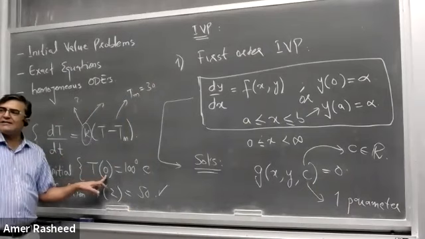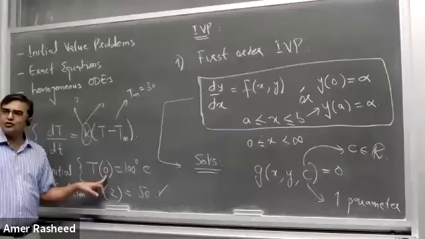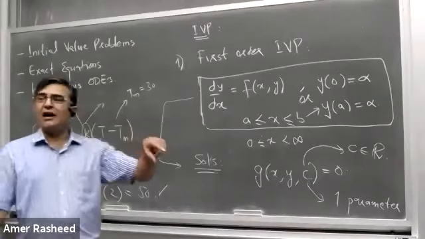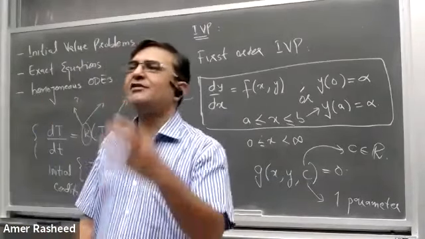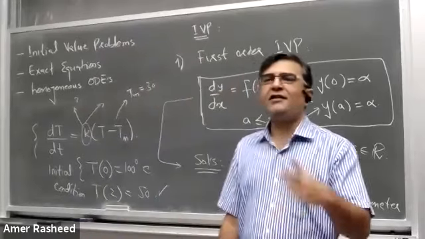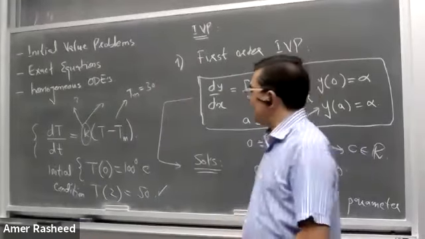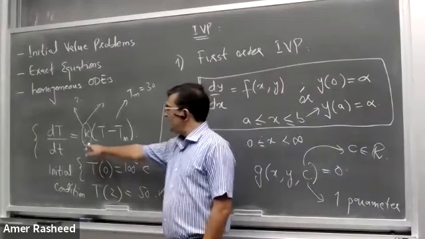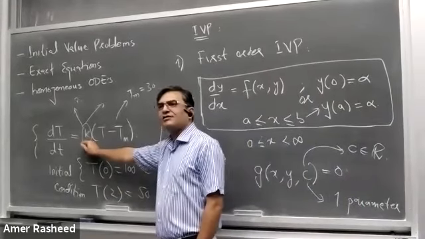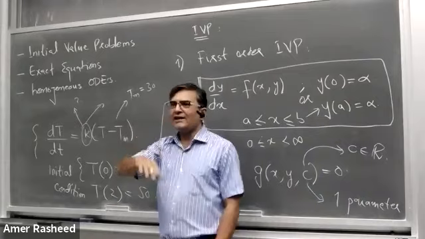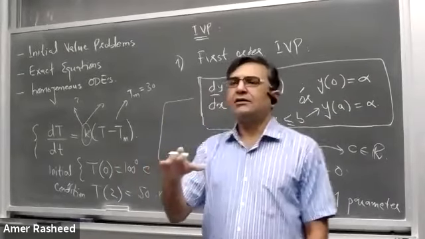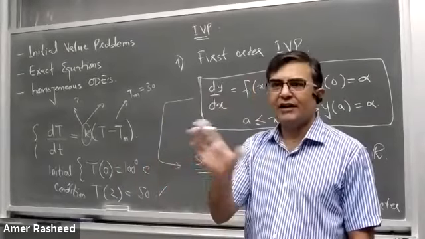Now, obviously, this is the initial condition which we use in order to find the unknown parameter which arises due to the integration. The other condition is given to find this unknown constant k, which arises due to the proportionality of these two things.